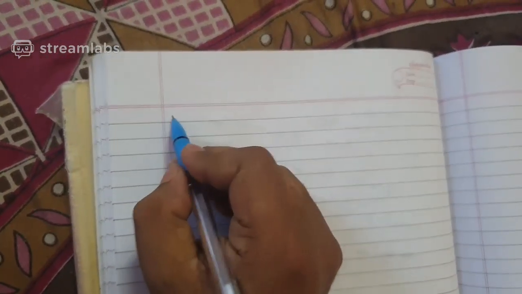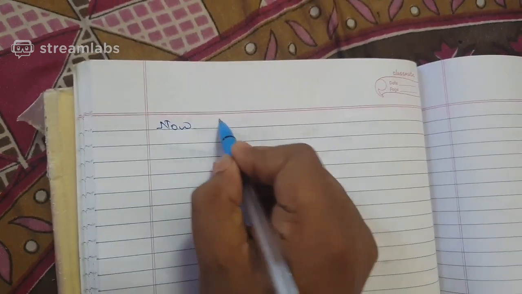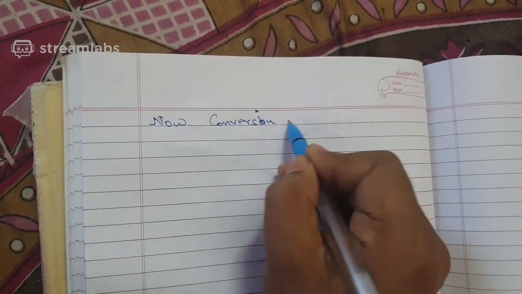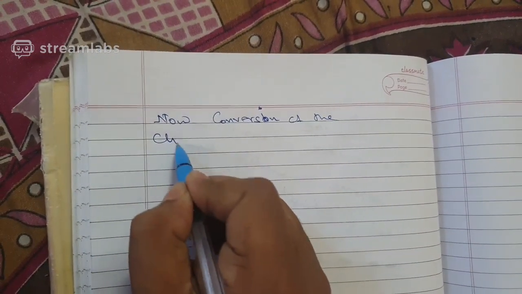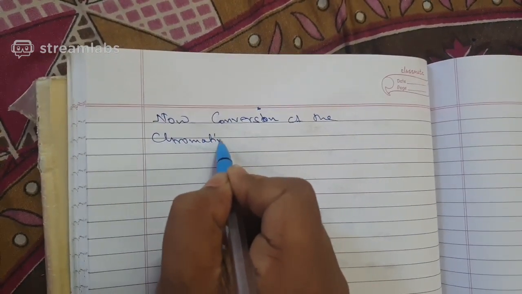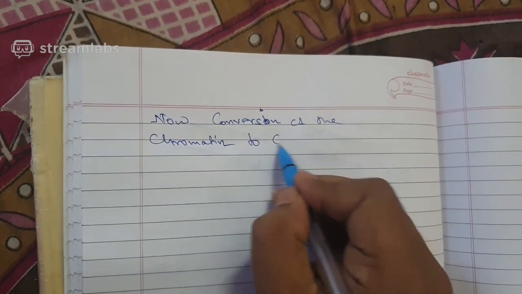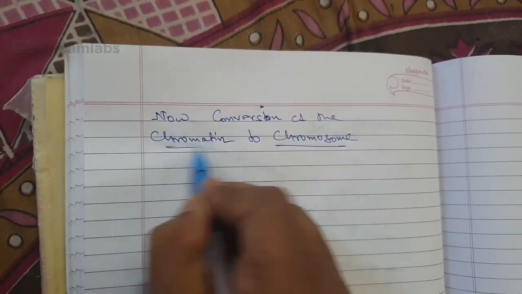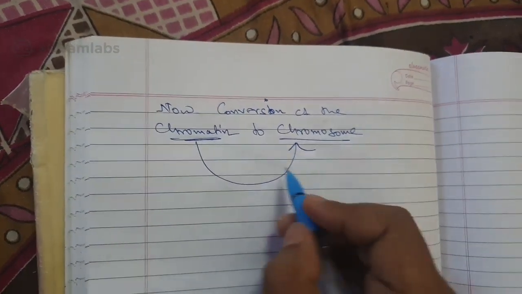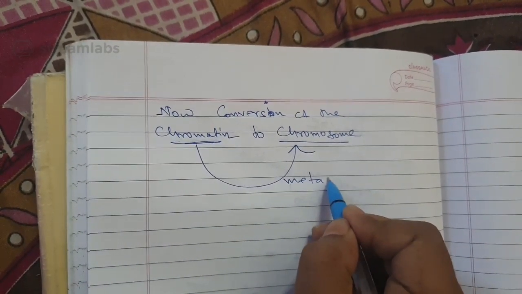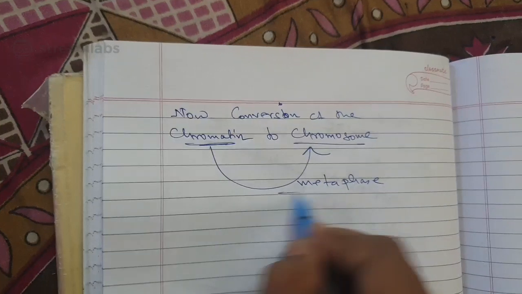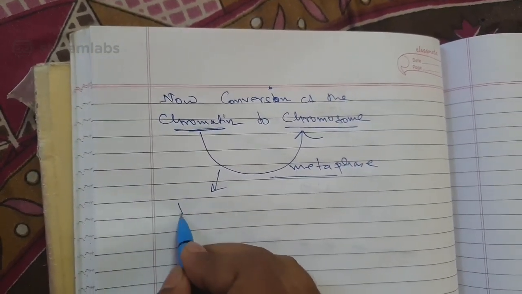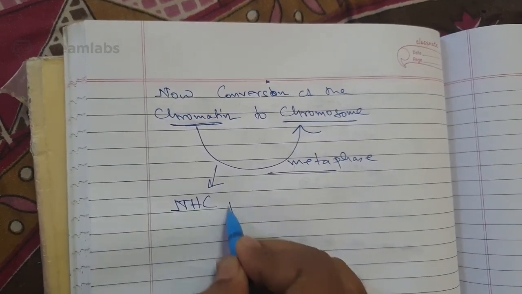Now, conversion of the chromatin to chromosome, if you convert the chromatin to chromosome during metaphase, it requires the assistance of extra proteins, and those proteins are known as NHC proteins.